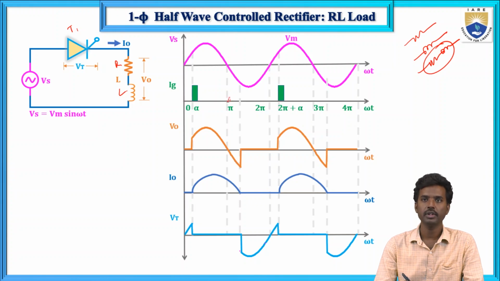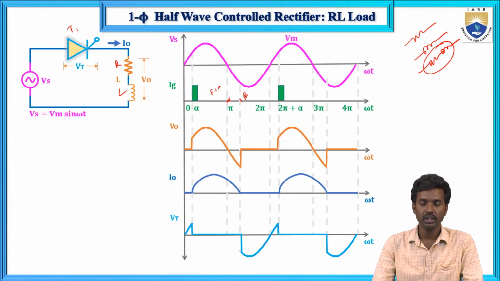Up to this pi, this is the output voltage. The SCR is in forward conducting mode up to pi, but here from pi to this beta, this is beta.